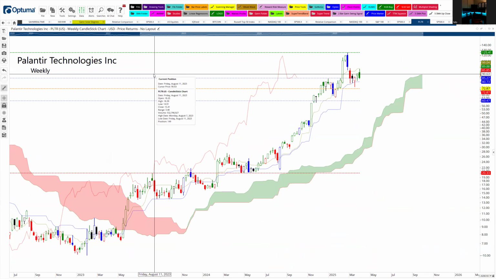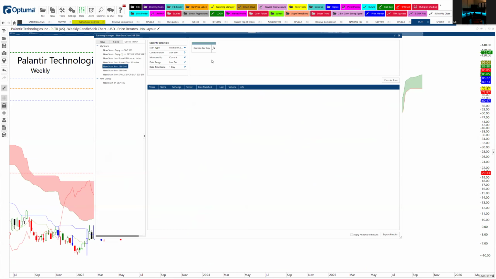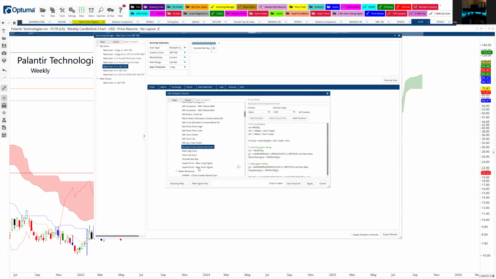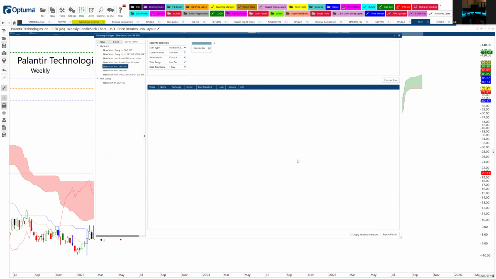Let's run a scan here and see how many are from an outside bar this week, weekly. So let's do this for a week. Let's see how many stocks in the S&P 500.